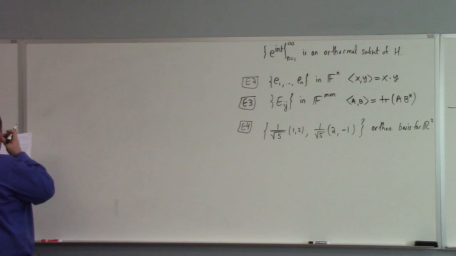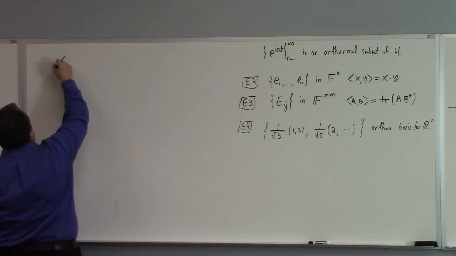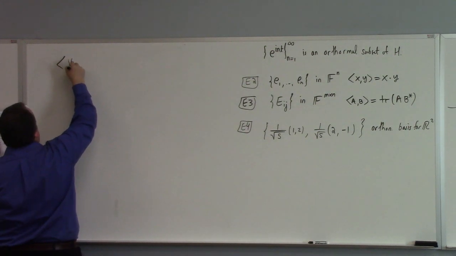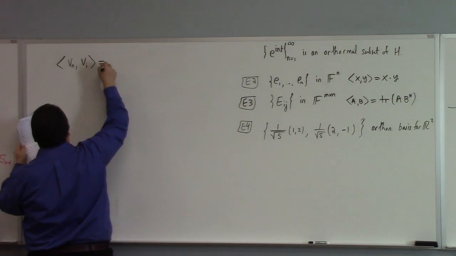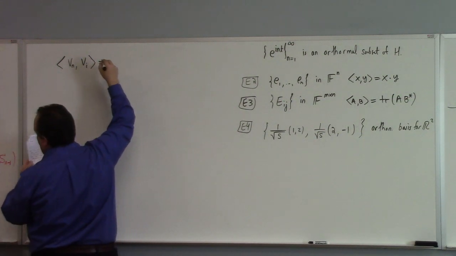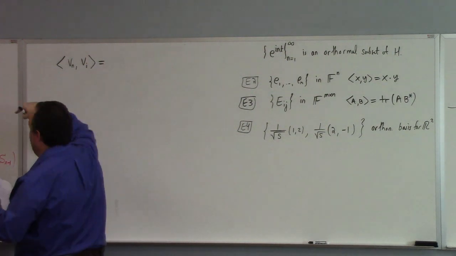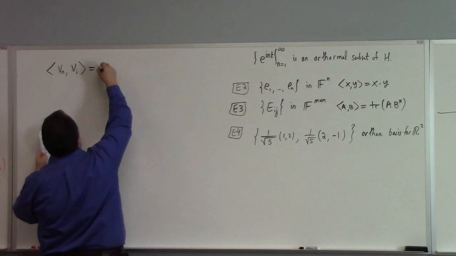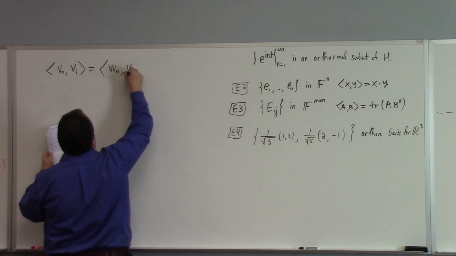Let's see here. Where was I? Oh, yes. So let us calculate Vn with Vi. All right, so that is using the Gram-Schmidt formula. That is literally Wn with Vi.